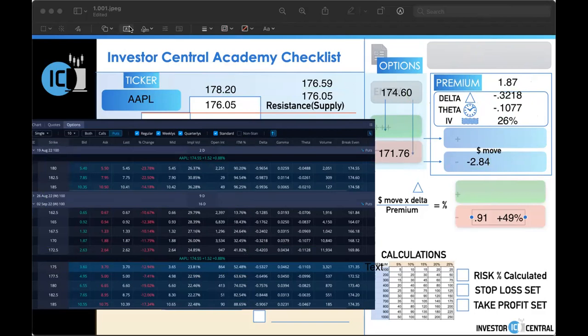So that 46-cent move divided by the 1.87 would be a 25% loss.